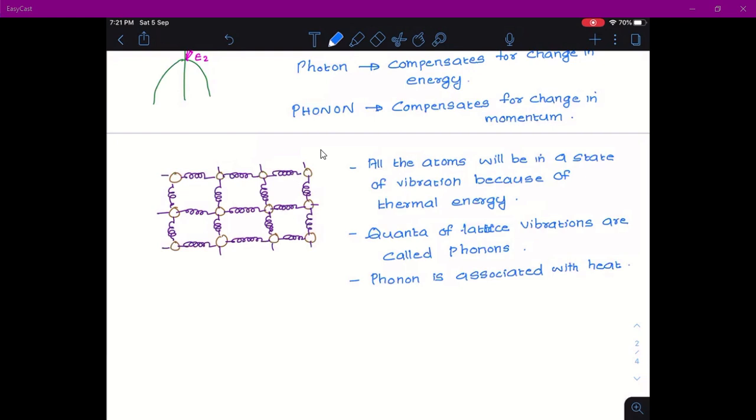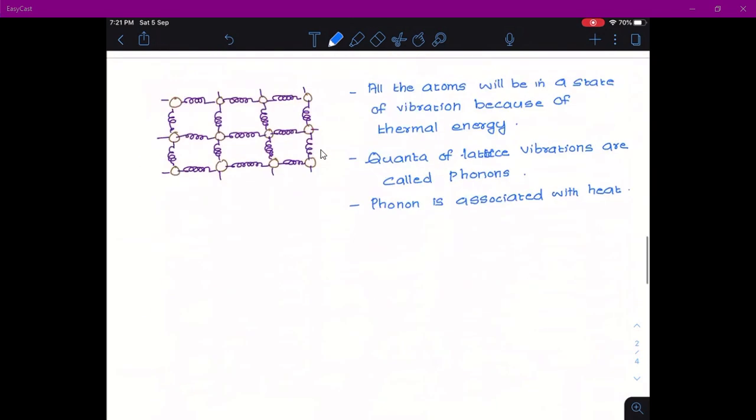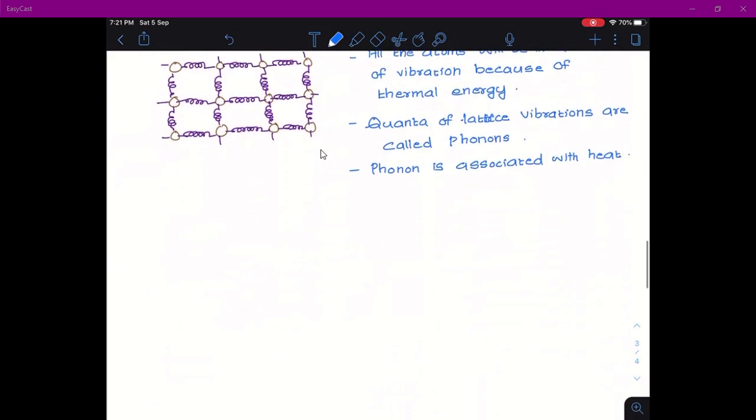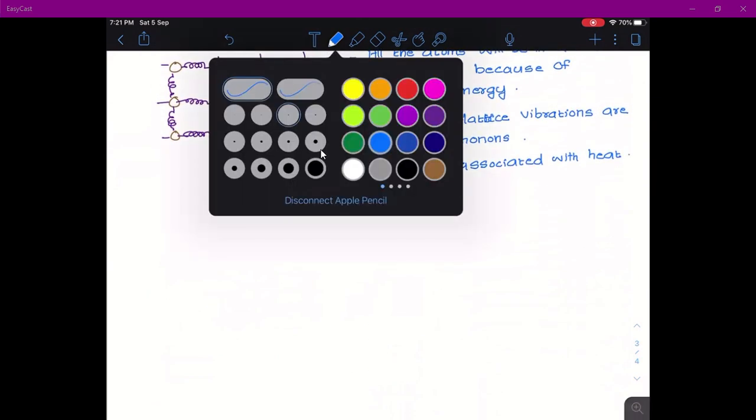Now, if you look at the diagram, let me draw the diagram again.